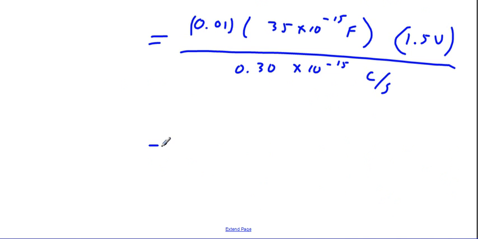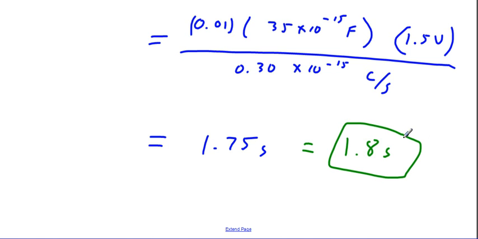And I end up with 1.75 seconds. But I look and I really only have two significant digits, so I'm going to call it 1.8 seconds is how long it's going to take me to discharge 1% of the voltage.